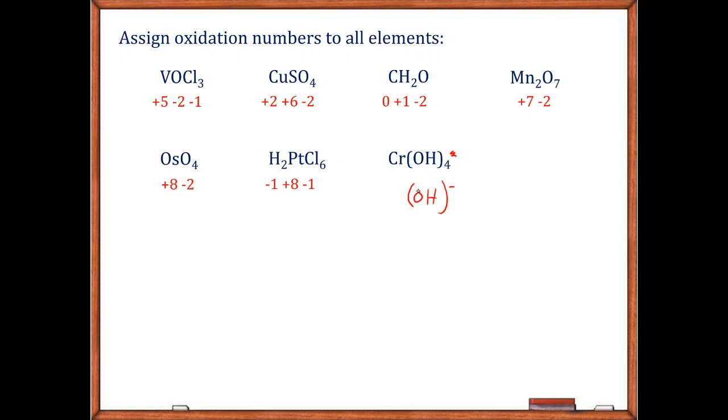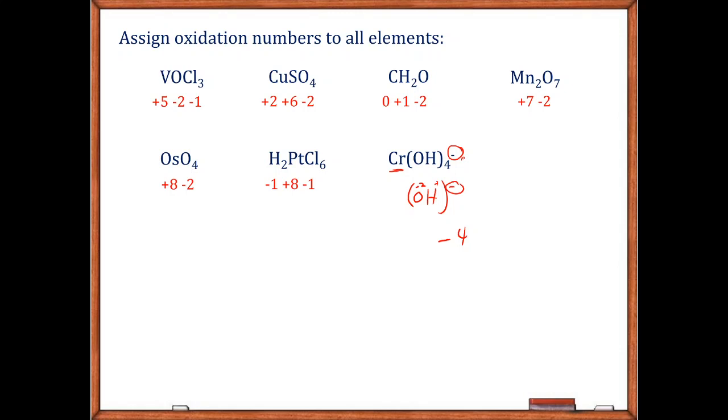Okay, so assign oxidation states within the polyatomic. We have -2 and +1. So we have overall -1 here times 4, which gives us an overall -4. Easy enough. Now we have to remember the charge on our compound, this -1. If we're trying to decide what oxidation state chromium has, we have to remember this -1.